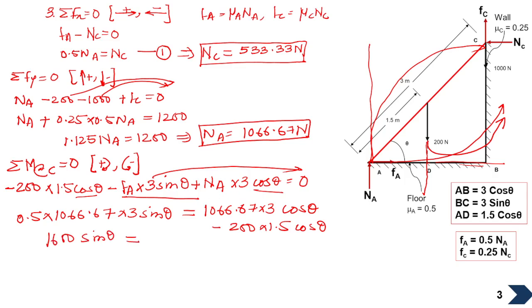Solving this, we'll get the value as 2900 cos theta.